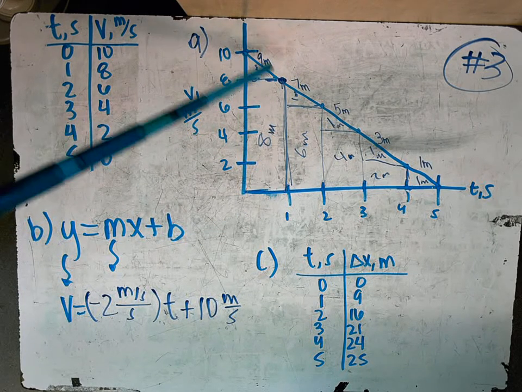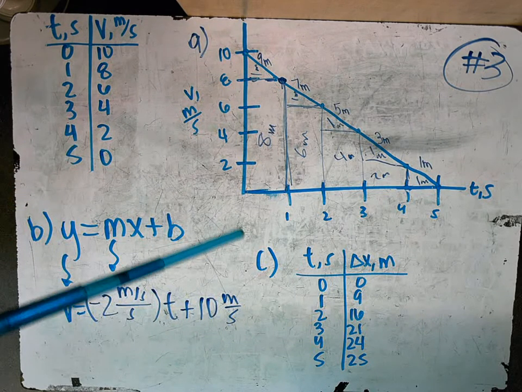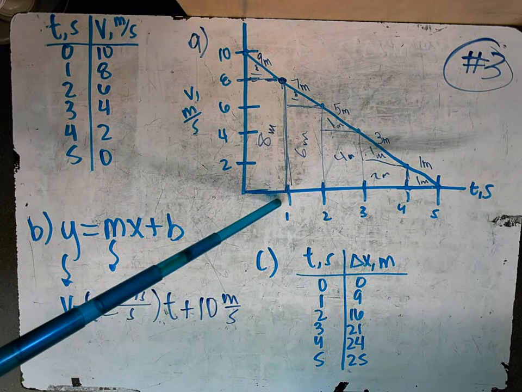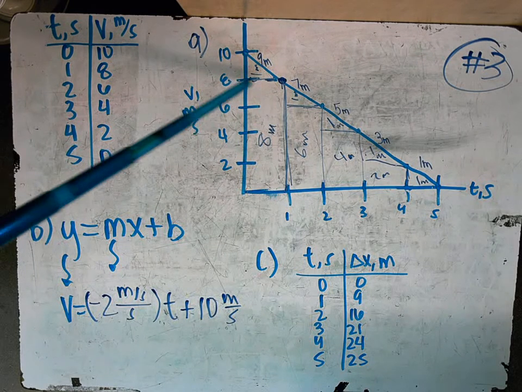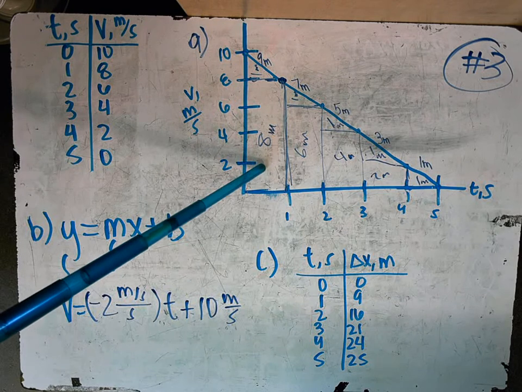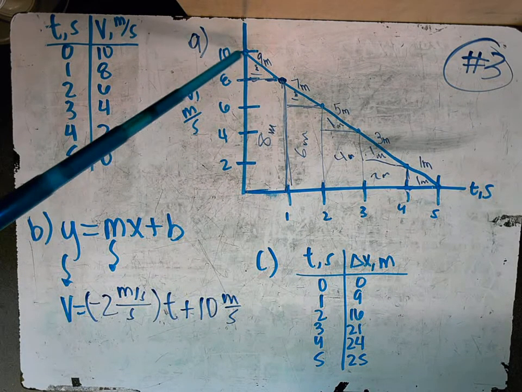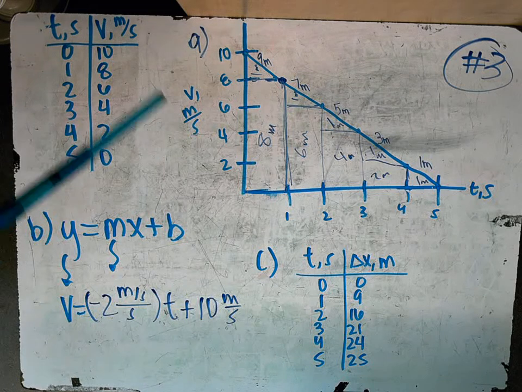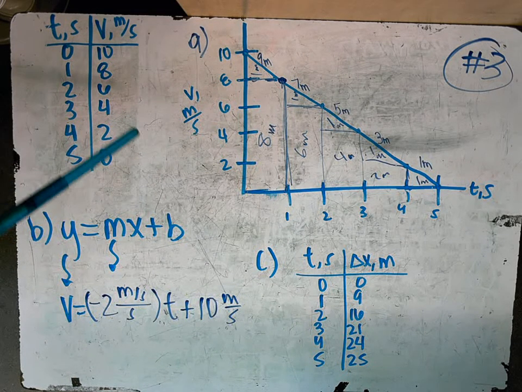But I dropped in velocity, so it's like I'm taking away area. Or you can say, at the end of the first second, I was going 8 meters per second. So if I'd been going 8 meters per second that whole time, I would have gone 8 meters. But I started off going faster than 8 meters per second. So this little area represents how far I went because I was going faster at the beginning than I was at the end of that time interval.